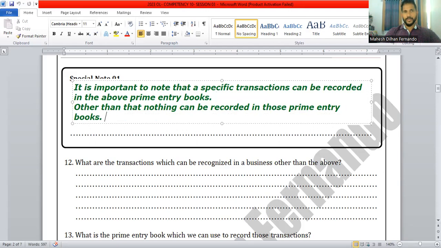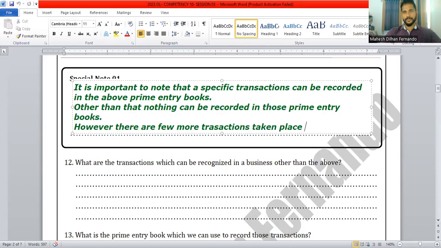The last point. However, there are a few more transactions taking place in a business.